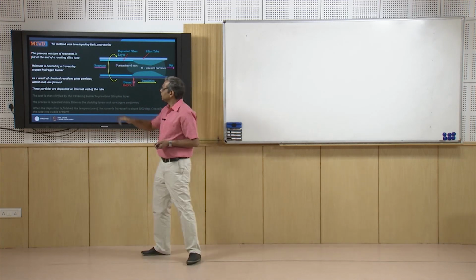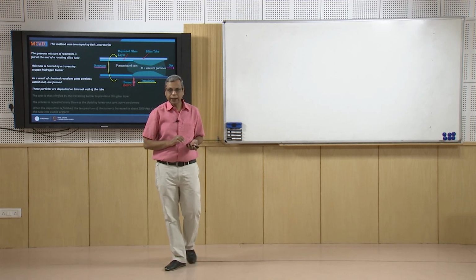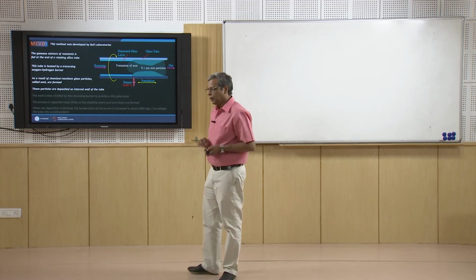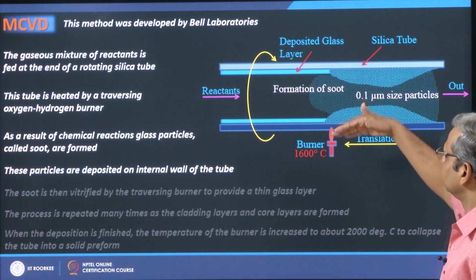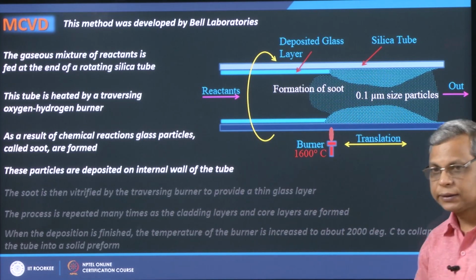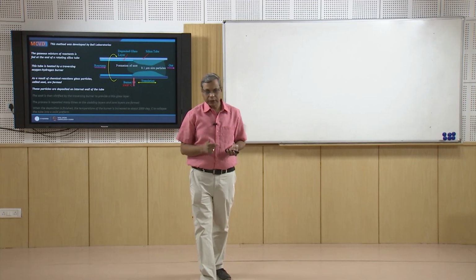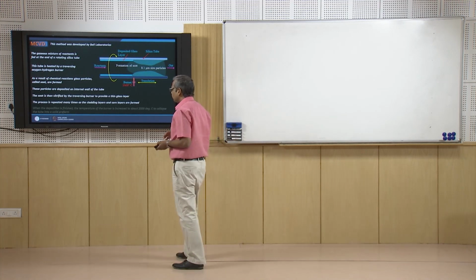So along with SiCl4 you now start flowing a required amount of GeCl4 also. You now deposit germanium doped silica layers on top of the cladding layers, and when you are done with depositing core layers, then you stop.